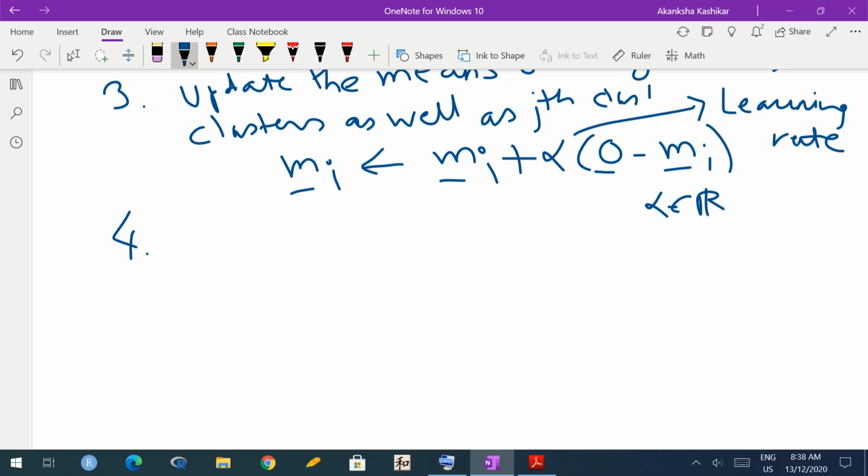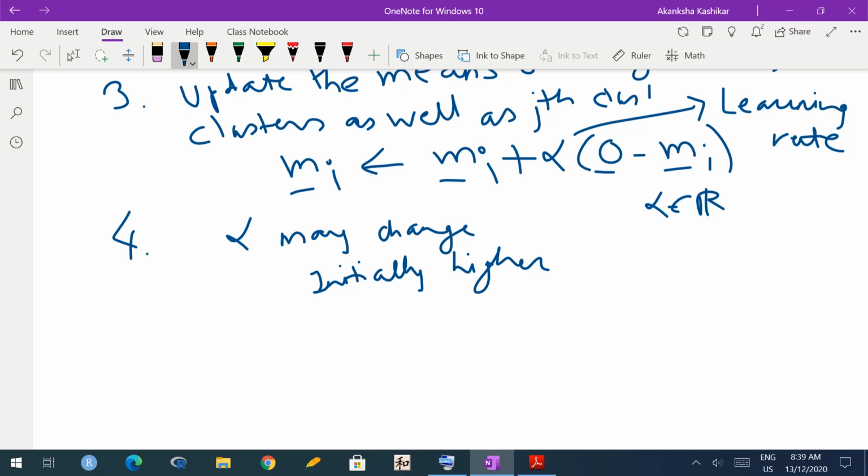So alpha is learning rate. Now how can you choose alpha then if you don't want it to be constant? So alpha may change in the process. So initially you may have higher alpha. So generally you initially take fast learning rate because you want to first get some decent clusters. So initially higher learning rate.